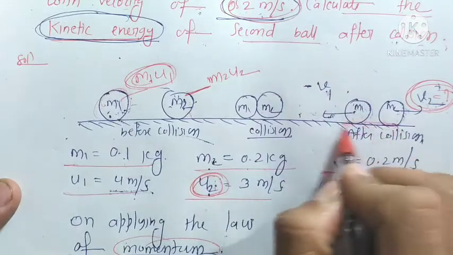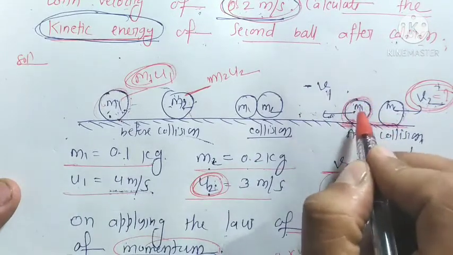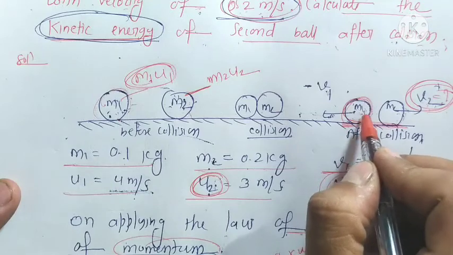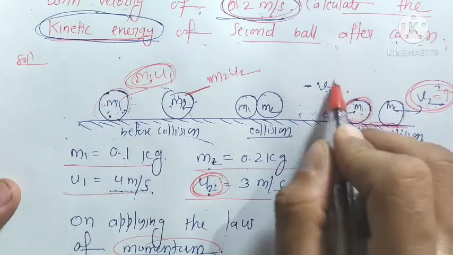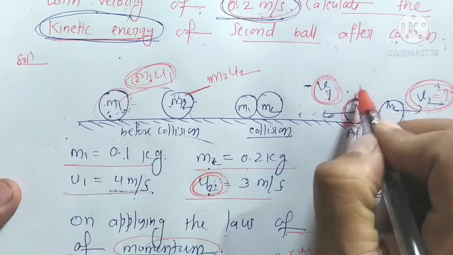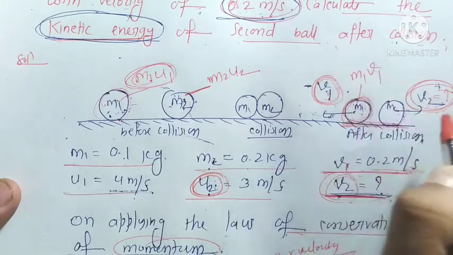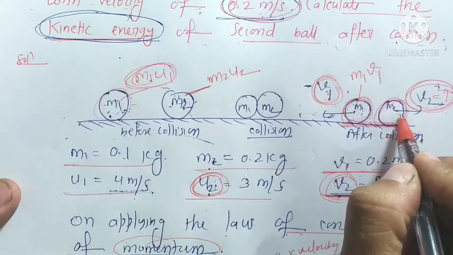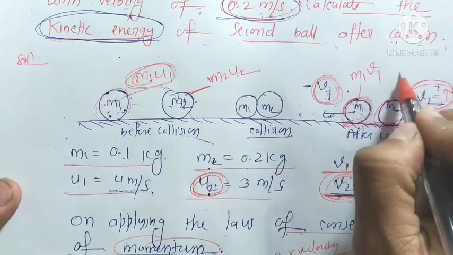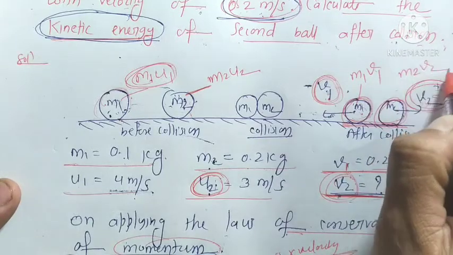After collision, the first body returns back with velocity v1, its momentum is m1 v1, and the second body moves with velocity v2, its momentum is m2 v2.